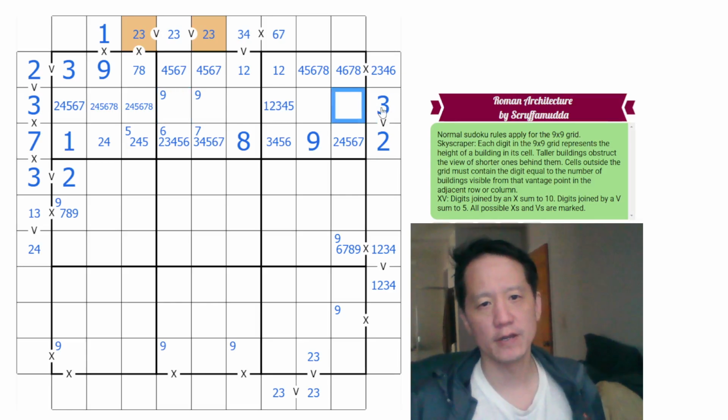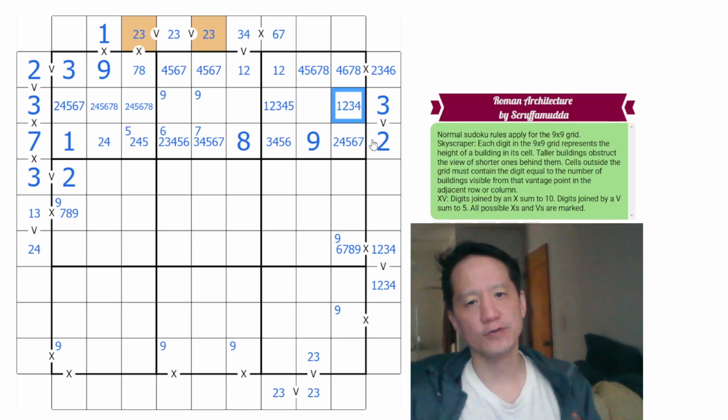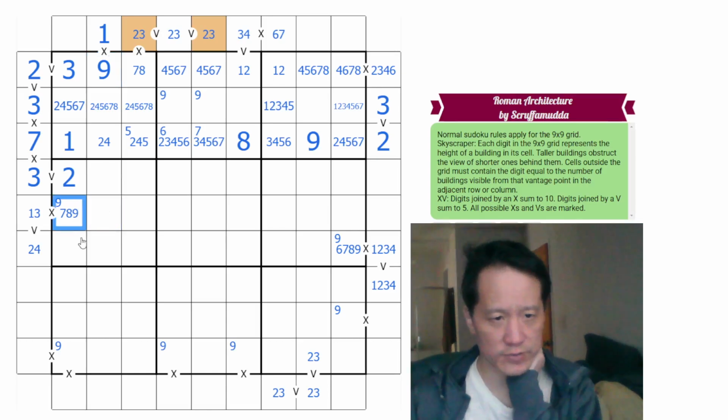This cannot be 8. But it could be 1 through 7. This is 2. We don't know about this. This could be through 8. But the 9 is obviously there.